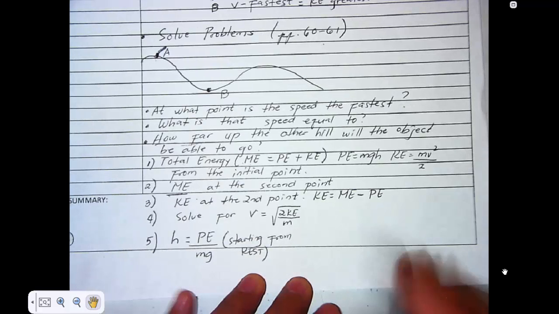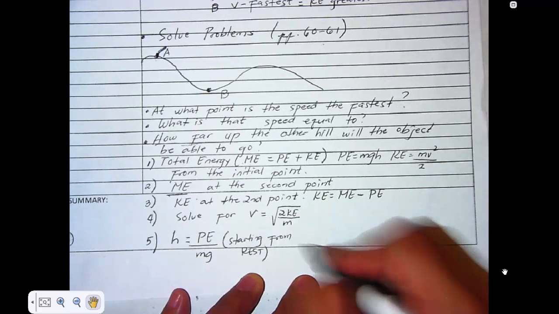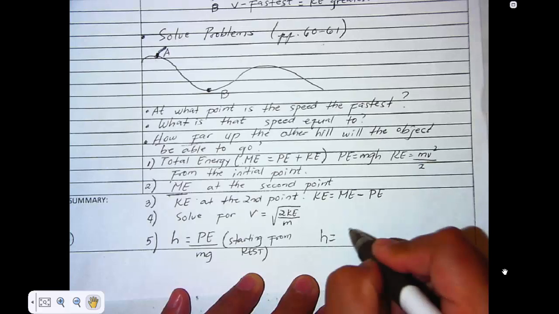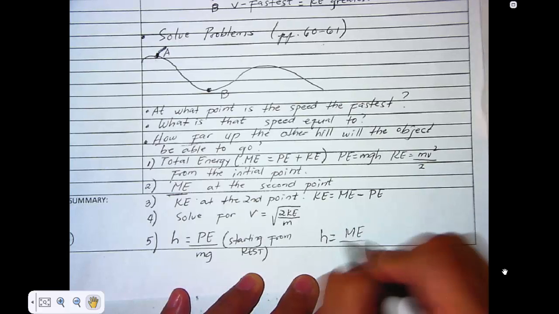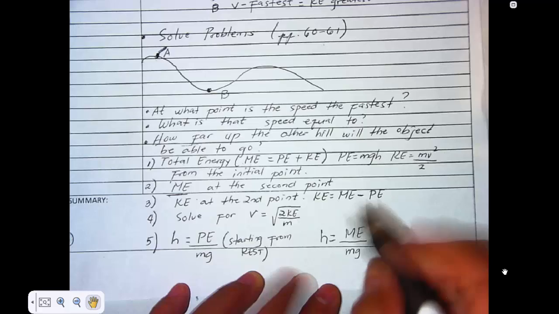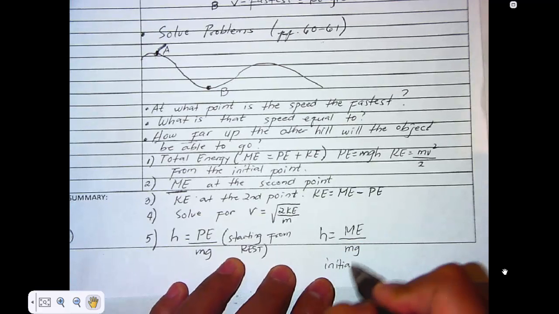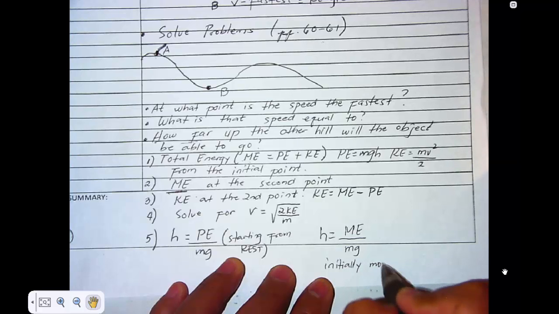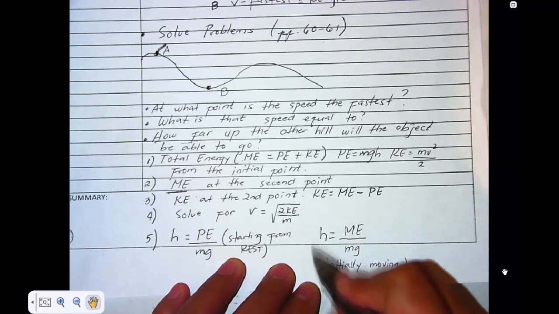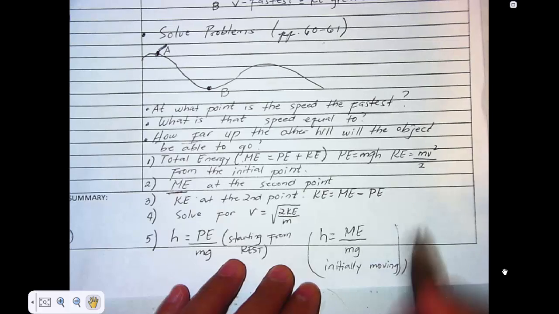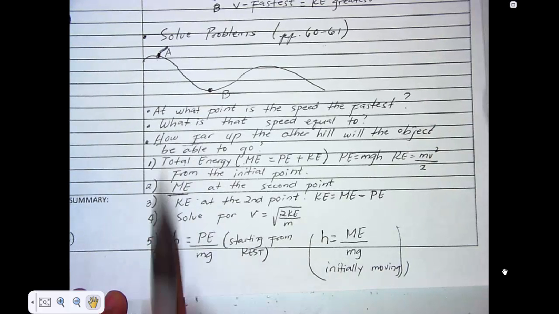Or if the object is initially moving, then you will use ME over mg. This is if it's initially moving. So expect 2 types of problems on this last part.